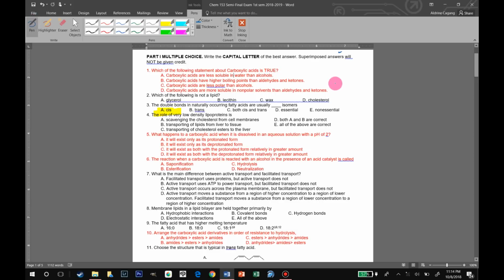It's going to be represented like so: you have a double bond, this will be your carbon here, the rest would be hydrogen. Whereas if you have a trans, the carbon connected here on the left is on the opposite side to the carbon connected to the right. So your H is going to be here and here.